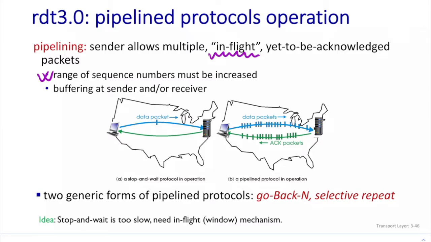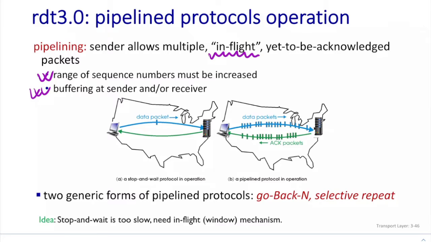And because lots of packets are in flight, just in case one or two of the packets in flight get lost or have bit errors, the sender should keep a buffer to store all the in-flight data packets. So we need to buffer those packets.